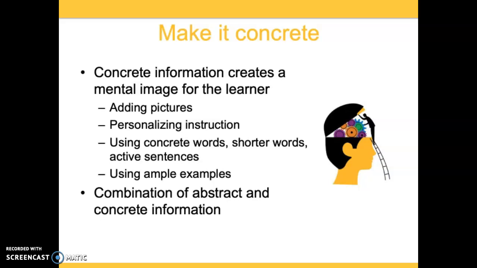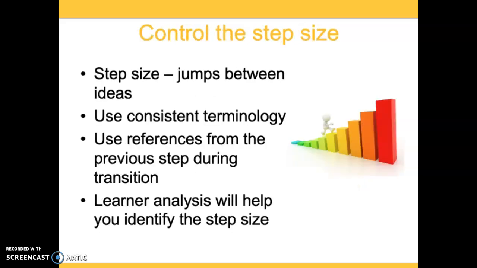They talk about adding visuals in terms of pictures or using videos, personalizing instruction according to your learner needs and their characteristics, using short words and active sentences rather than passive sentences, and also using examples that are helpful for the learners. A combination of abstract and concrete information is helpful for the students.